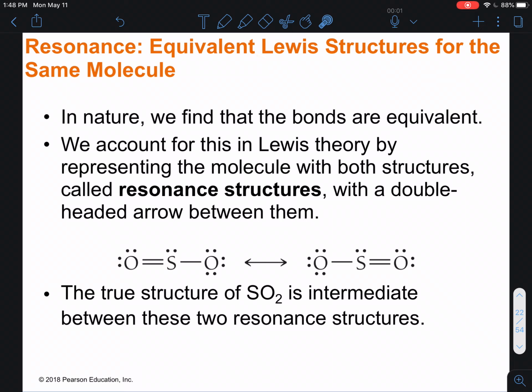This has to do with double bonds. In nature, we find that the bonds are equivalent. We can account for this in Lewis theory by representing the molecule with both structures. This is called resonance, with a double-headed arrow between them. The true structure of SO2 is intermediate between these 2 resonance structures.